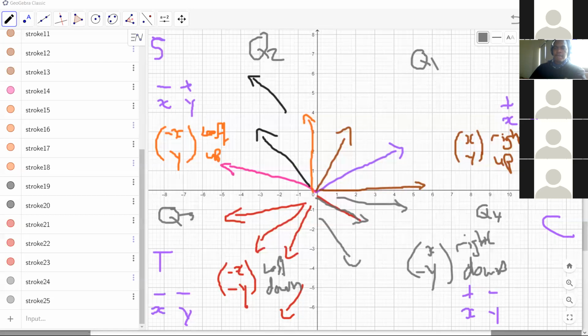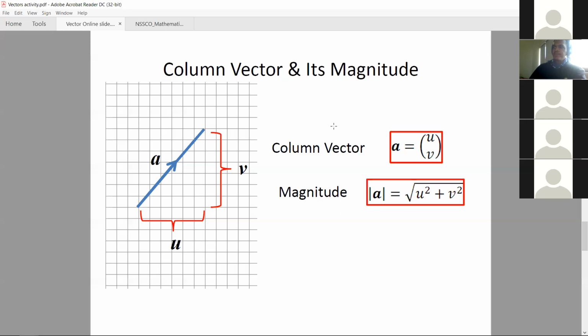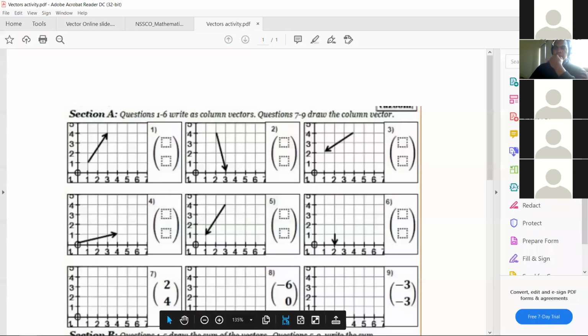So can it also be y1 minus y2 divided by x1 minus x2? Sorry, the gradient formula, repeat it again.